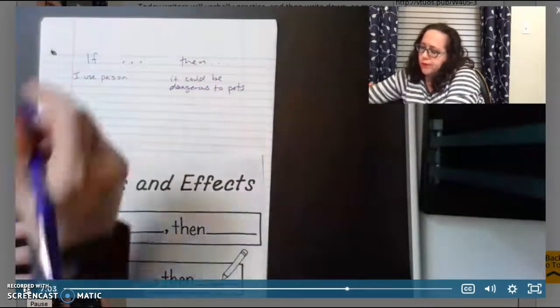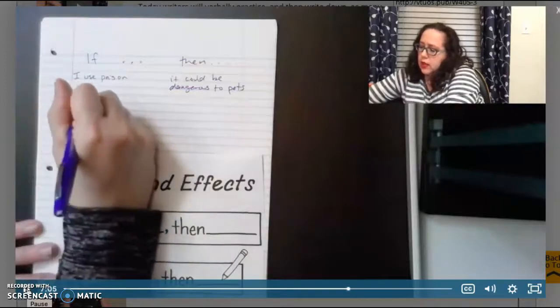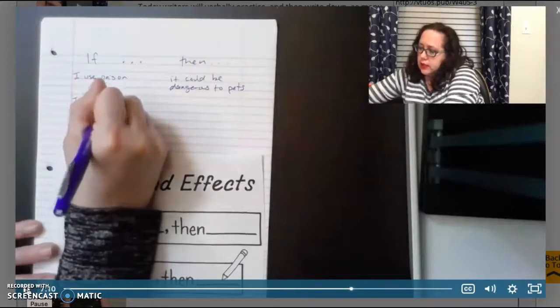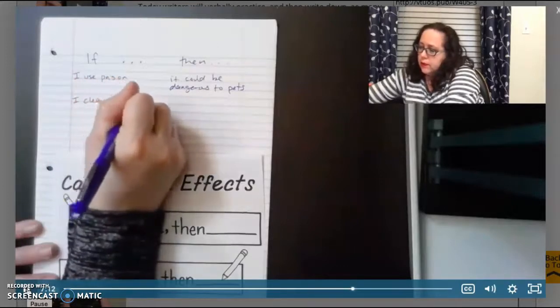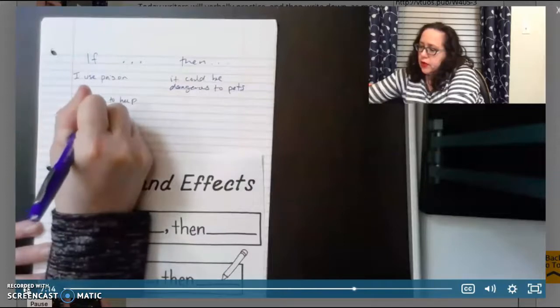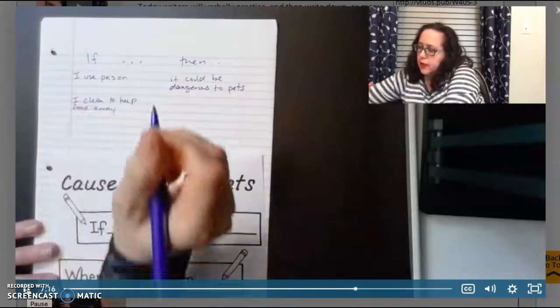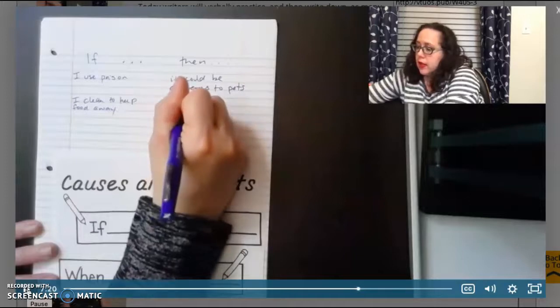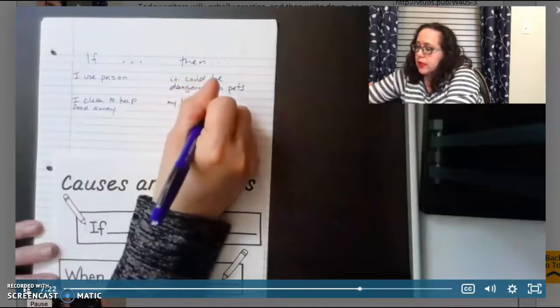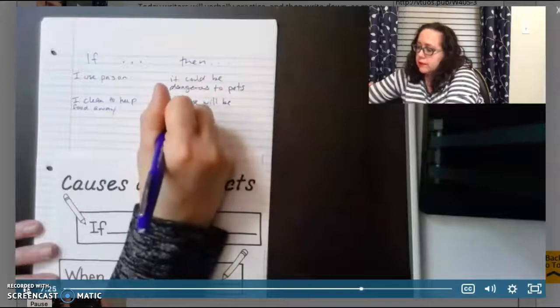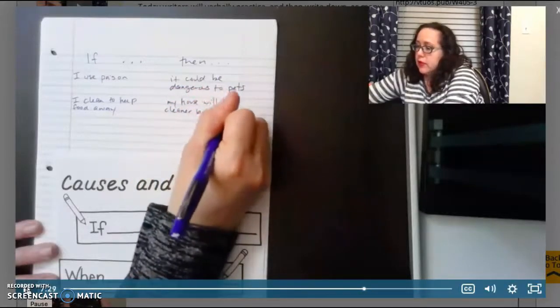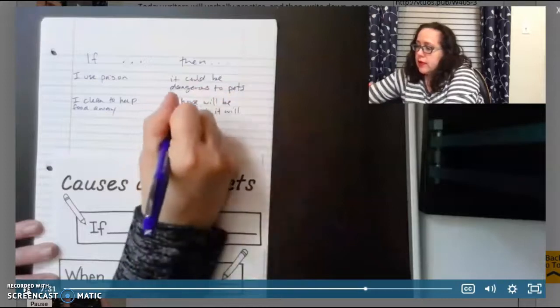If I clean to keep food away, then my house will be cleaner, but it will take a lot of time.